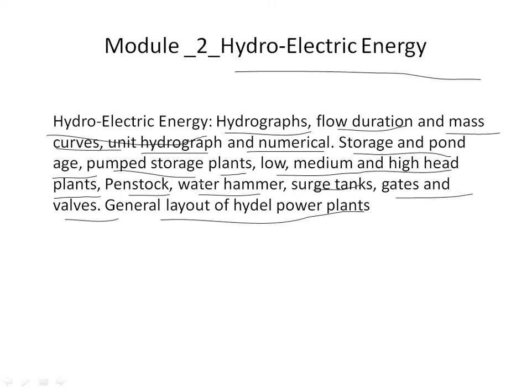As per the estimate of World Power Organization, the hydro potential is roughly 5,000 gigawatts, whereas only 200 gigawatts is presently developed.